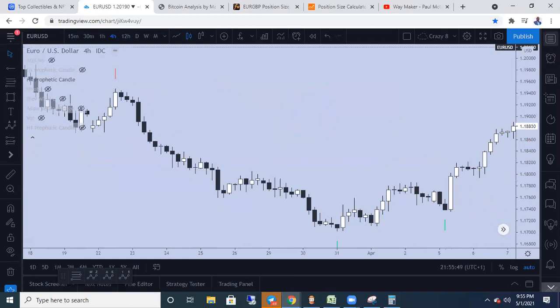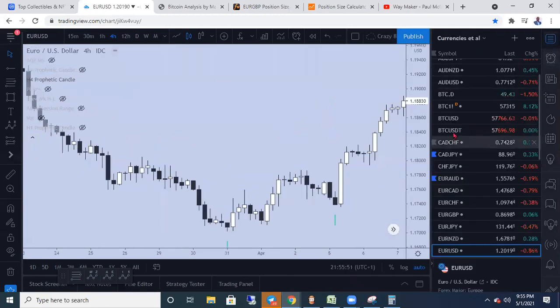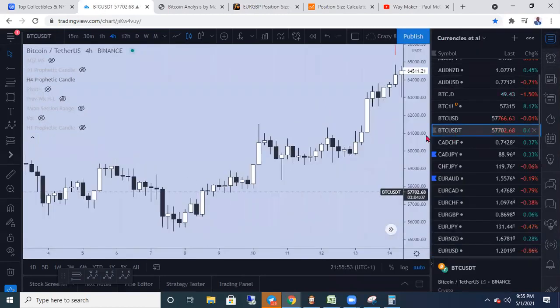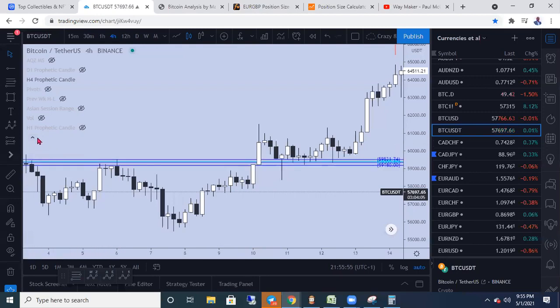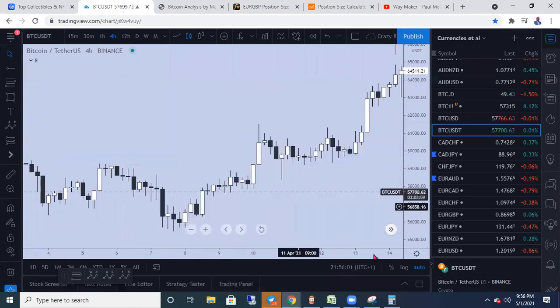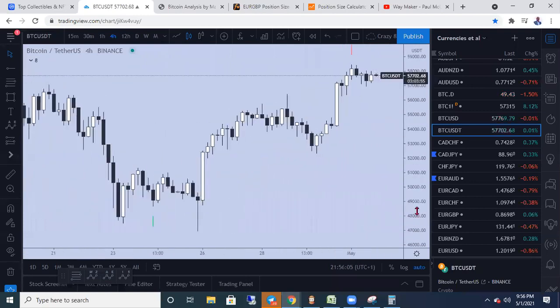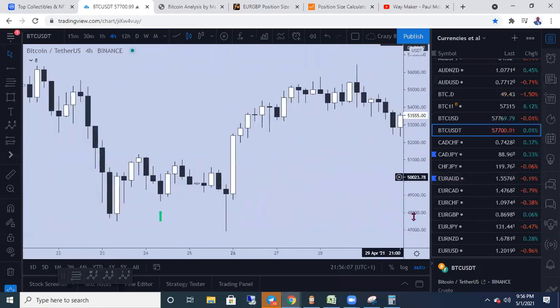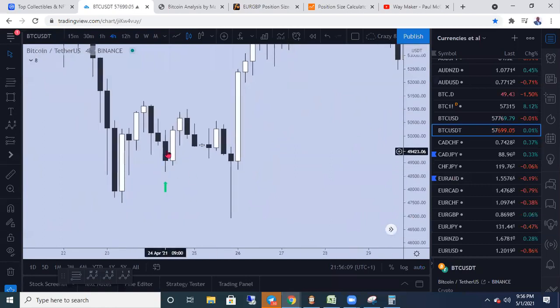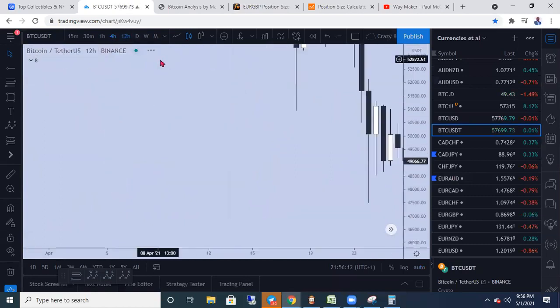Let's look for another pair, maybe a GBP pair or something. Oh, let's trade Bitcoin. Sweet. Let's look at Bitcoin. H4. All right. So here we have a bullish H4.